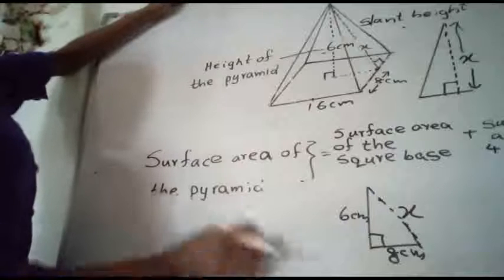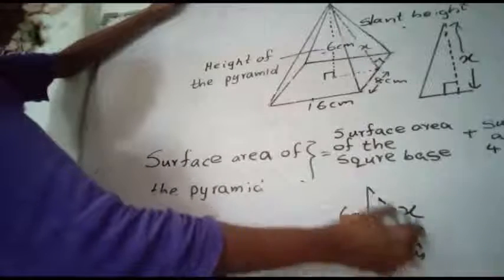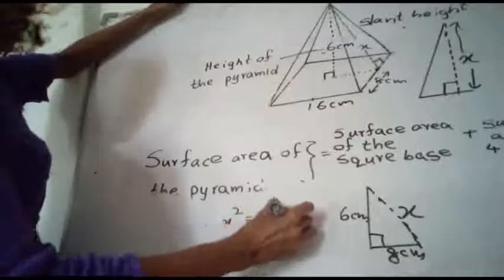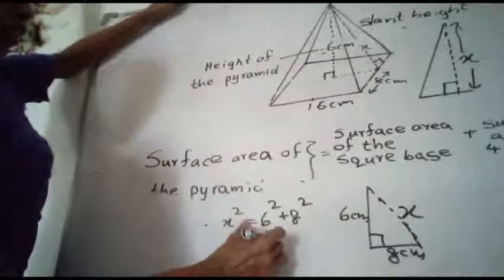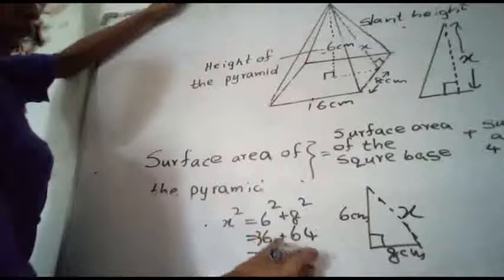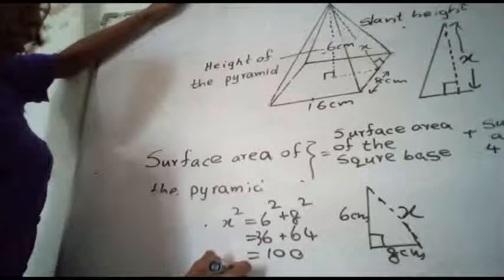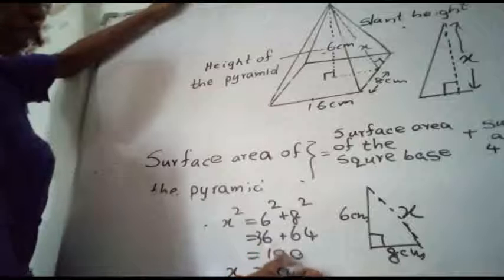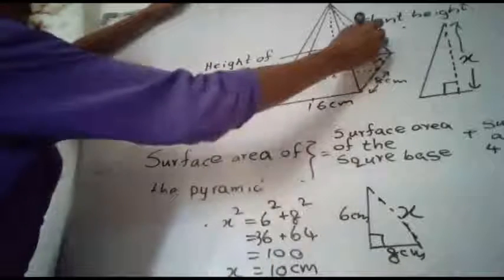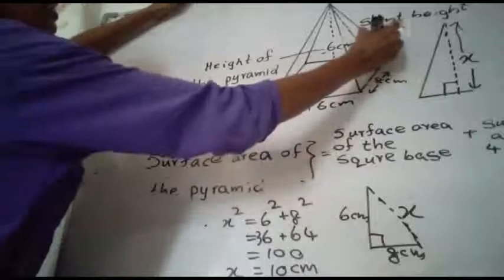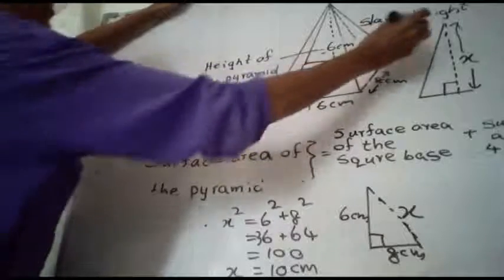Now using the Pythagoras relation, x squared is equal to 6 squared plus 8 squared. 36 plus 64 is equal to 100. X squared is equal to 100. X is equal to the square root of 100, which is 10 centimeters. The perpendicular height of this triangle is equal to 10 centimeters.